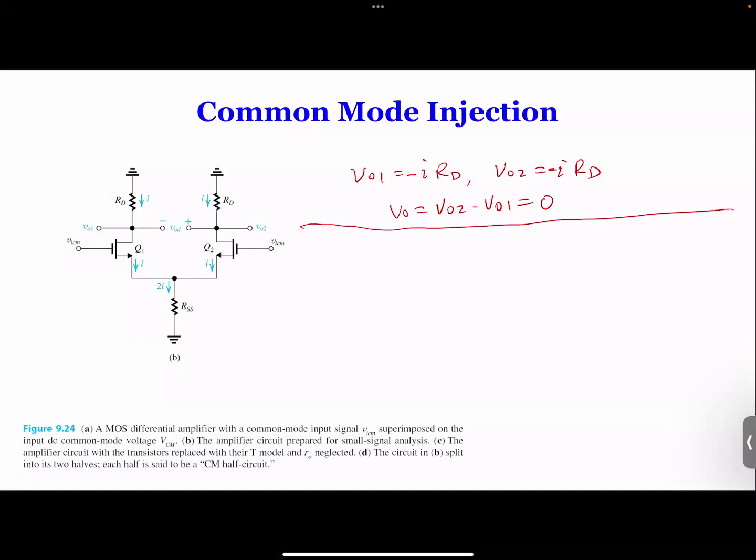The reason is the differential current flows from this current to this current. It doesn't flow this way. So there's no current, and this becomes a virtual ground. But for this common mode, the current has to flow somewhere. So the current cannot flow anywhere if we don't have this RSS. That's why it's important to have RSS. But having this RSS here will make our calculation more difficult if we use a pi model.